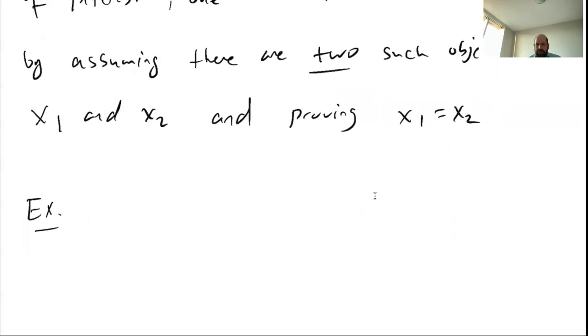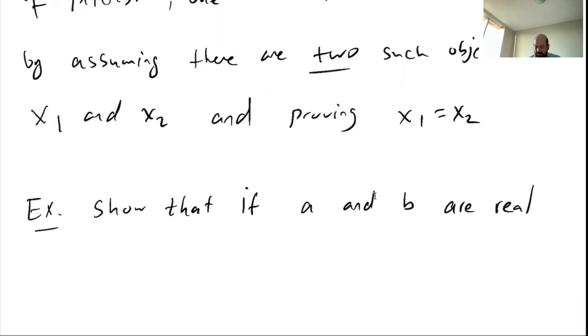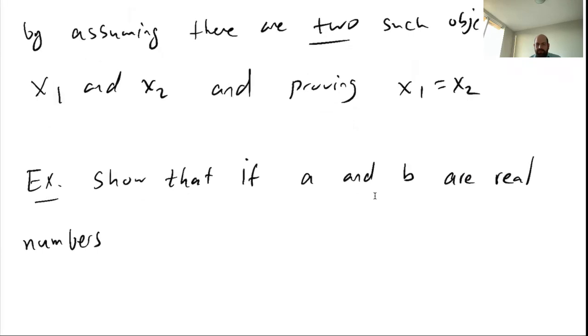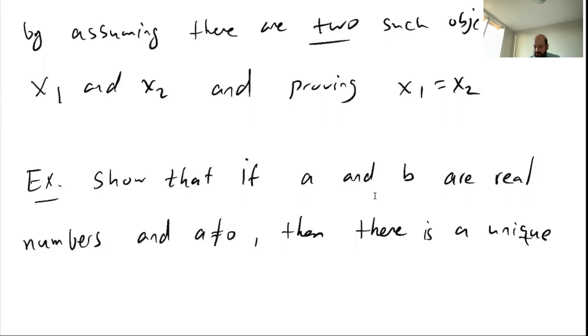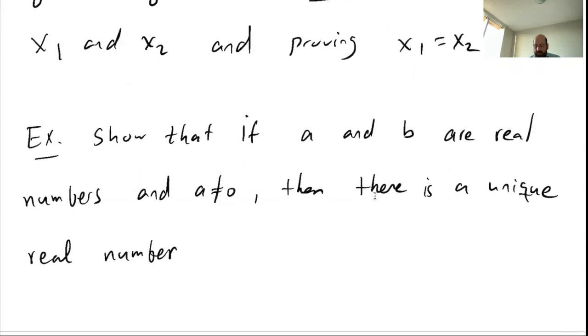Show that if a and b are real numbers, and a is not equal to 0, then there is a unique real number R such that AR plus B equals 0.